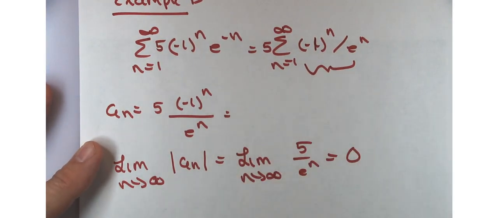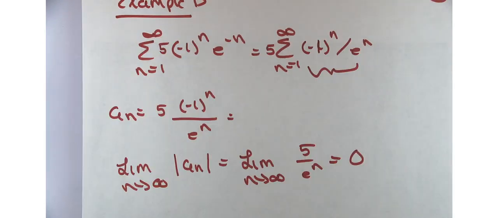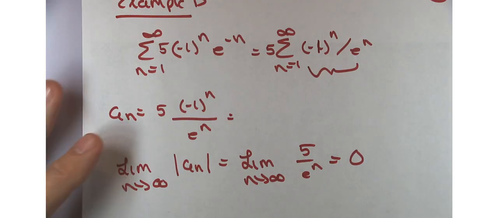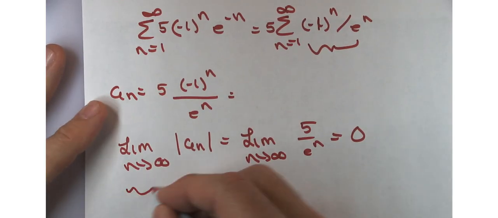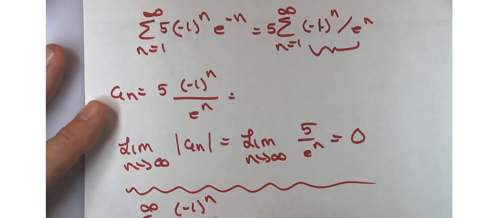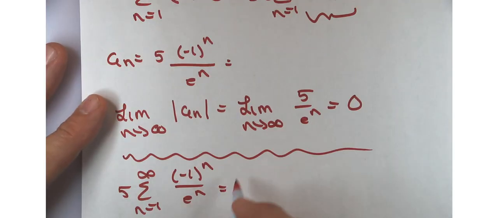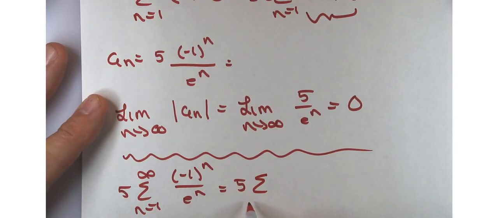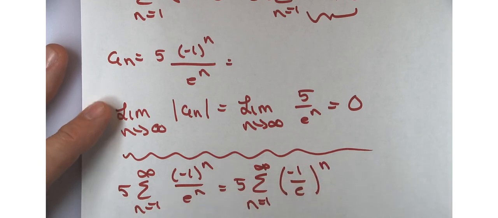In fact, can anyone recognize what this series could be written as? Is there another way I could write that series that might make it a little bit more recognizable? Let's play with that a little bit. So I'll rewrite it as 5 times the sum from n equals 1 to infinity of negative 1 to the n over e to the n, or better yet, 5 times the sum from n equals 1 to infinity of negative 1 over e to the nth power.